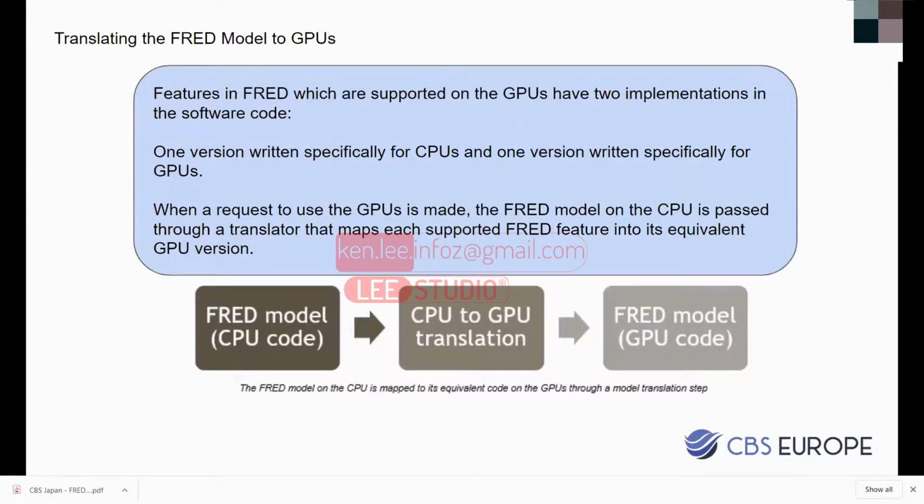So when the user requests to run the calculation on the GPUs, the FRED model has to pass through a translator to represent itself in the GPU code before we can actually do the ray trace. This is all done behind the scenes, but it's important to highlight that every feature in FRED now has two versions of the code for CPUs and GPUs.